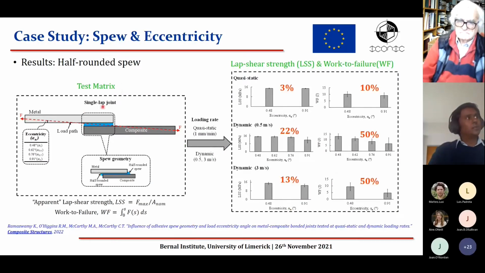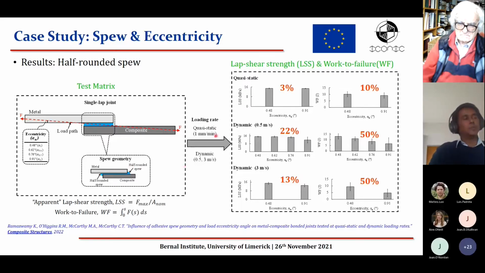Typically, a spew that is naturally formed takes a half-rounded shape. We did a systematic study where we systematically changed the eccentricity by changing the thickness of the spacers that are bonded to the ends of the adherends. And we let the spew take its natural shape, which is the half-rounded shape.